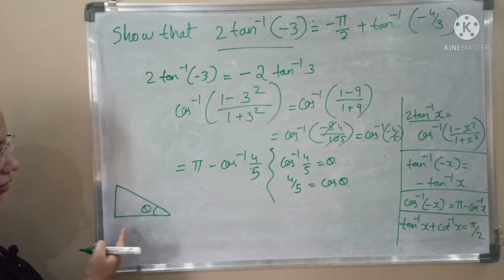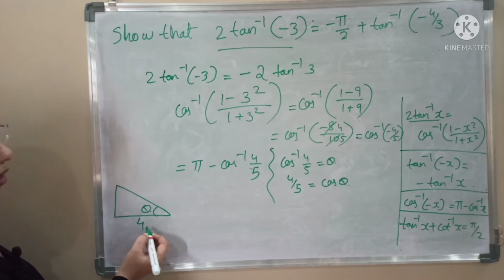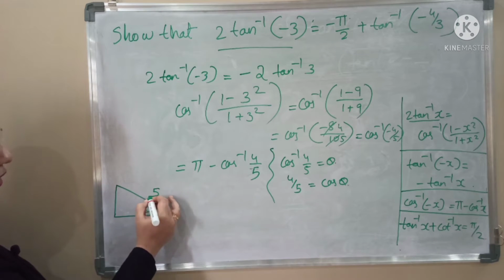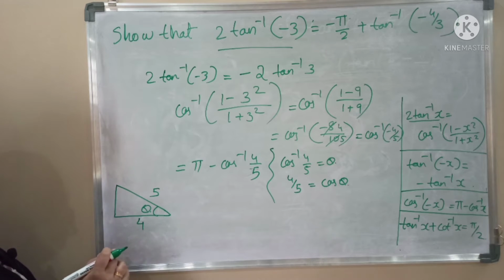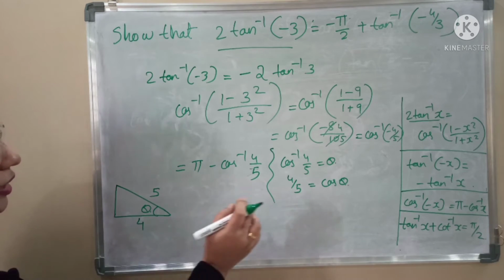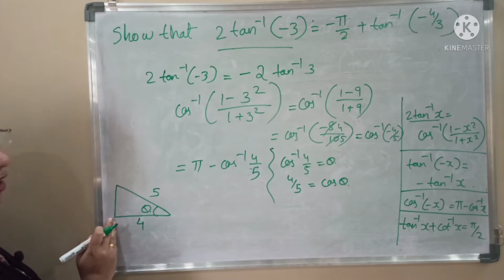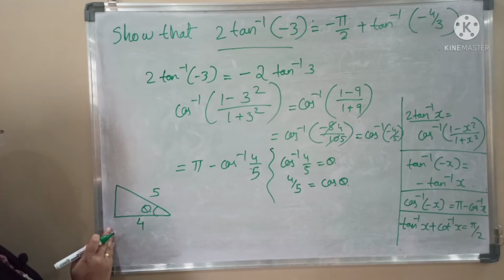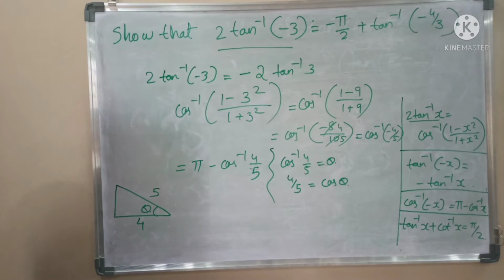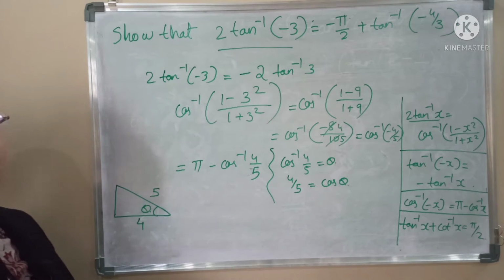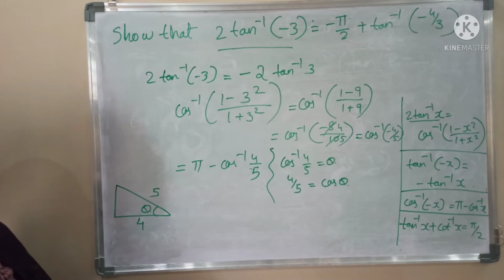Adjacent side is 4 by hypotenuse, that is 5. And tan theta value is opposite side by adjacent side.